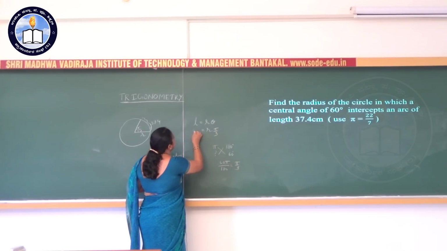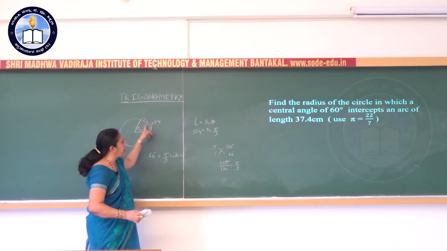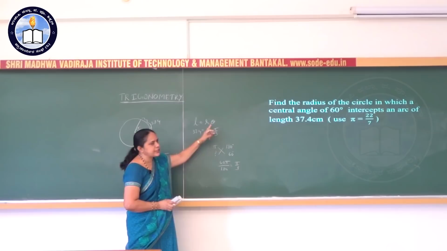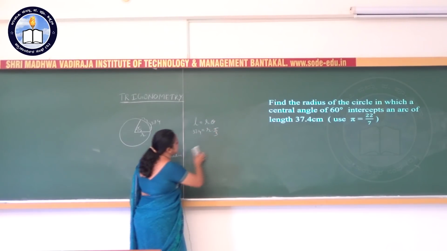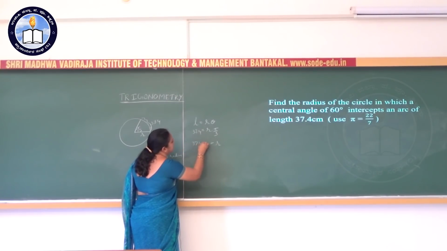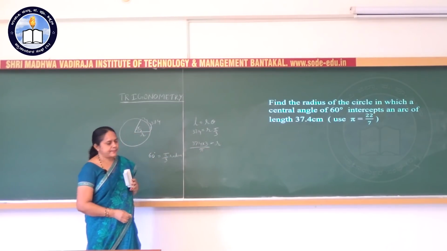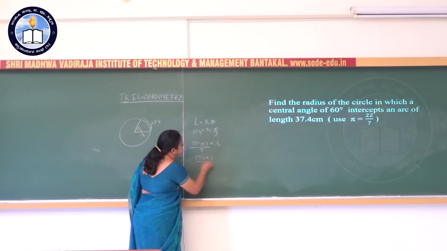L is equal to 37.4. Given the length of an arc is 37.4 and the central angle is pi by 3, we have to find the radius of the circle. So r is equal to 37.4 into 3 divided by pi. We know the approximate value of pi is 3.14.